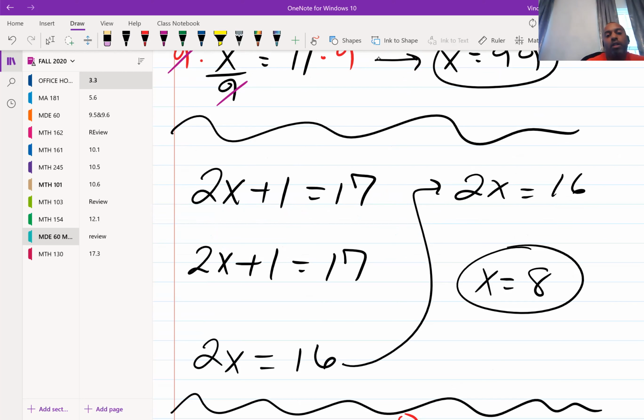It's 2 times x plus 1. You have options here. You can move the 2 first, or you can move the 1 first. But if you do move that 2, you're going to have to divide everything by 2, and that will not produce the easiest way to get your answer. So the most efficient way is to move that 1. So we will subtract 1 from both sides.